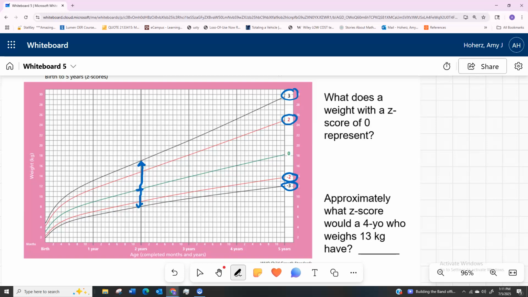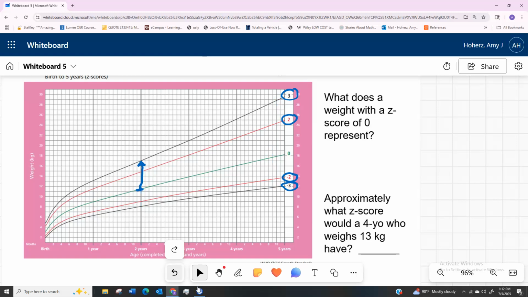You can see that the gap from 0 up to 3 or down to 3 is a lot bigger for the 5-year-olds than it is for the 2-year-olds.